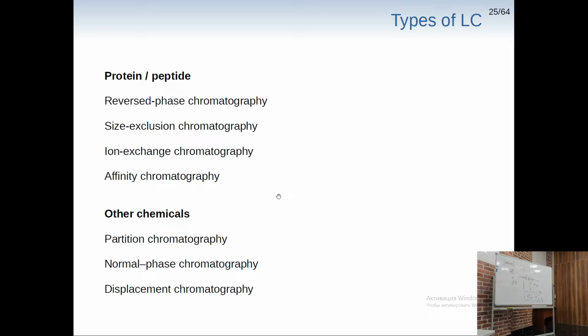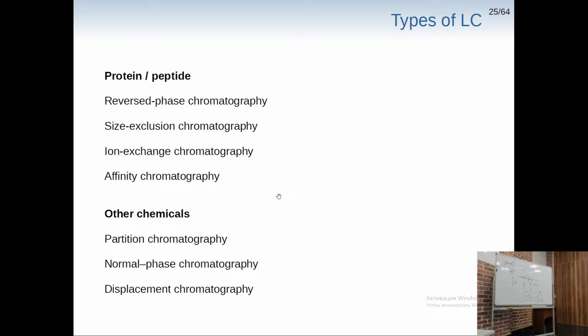Size exclusion is actually about the size of the molecule, not only its length, because it can be small in length but have a big cross-section. Also, with ion exchange chromatography, we can separate basic and acidic proteins. And for affinity chromatography, we have an antibody or just one protein which interacts with another protein, and we can also enrich it.